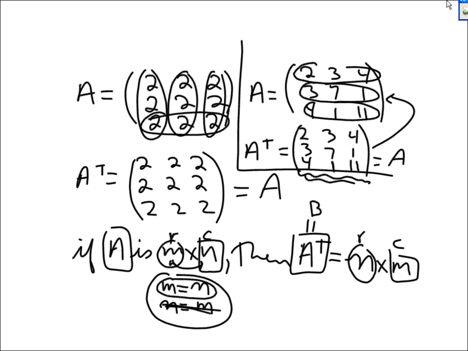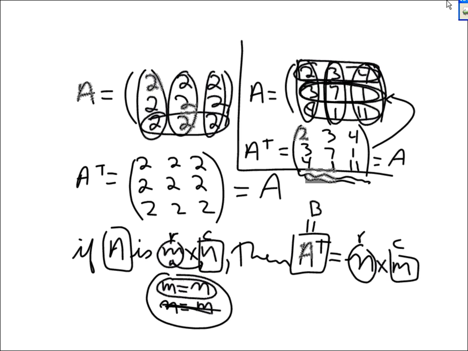Now you may say, well, how did you do that? Well, I made sure that row 1 and column 1 were the same: 2, 3, 4. And then I made sure that column 2, 3, 4, 7, 1, and row 2 were the same.